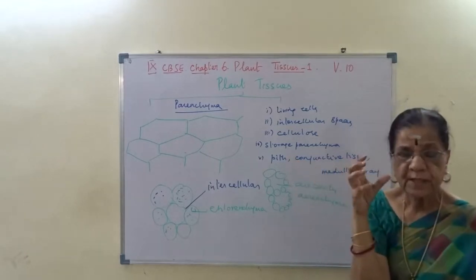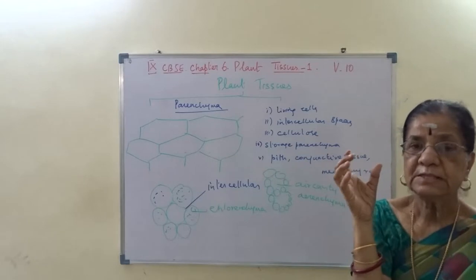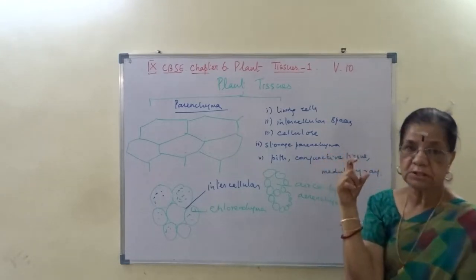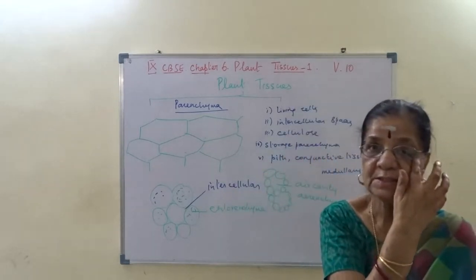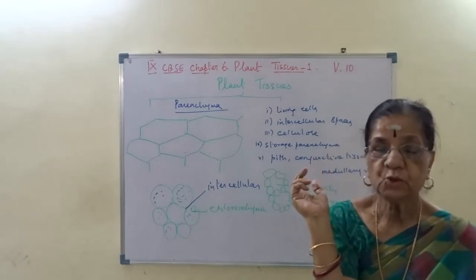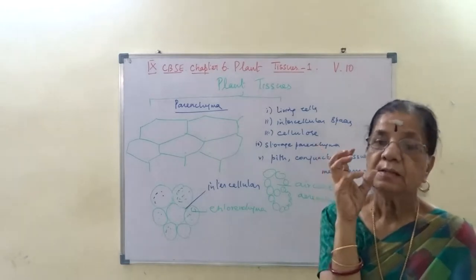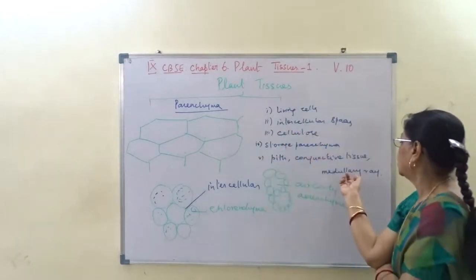Then in the root, the space between the vascular tissues is called conjunctive tissue. Again, in the dicot stem, the vascular bundles are present. I'll show the diagram. In between two vascular bundles, parenchyma tissue will be present. That is called medullary ray.